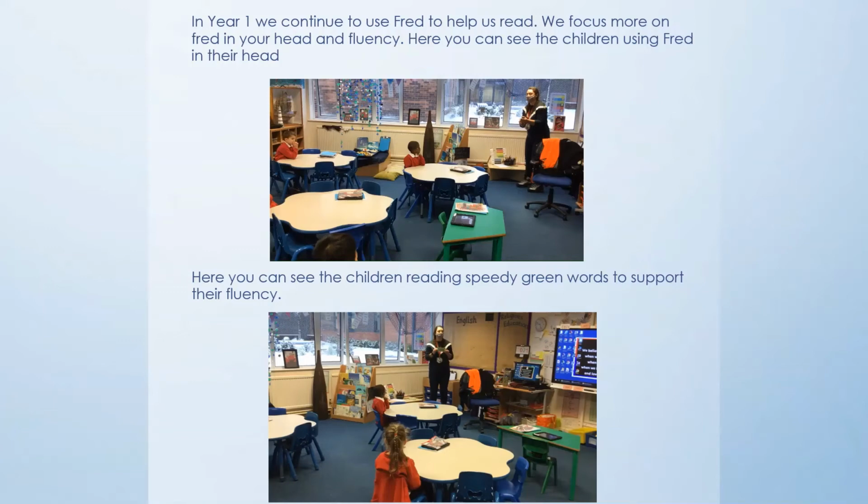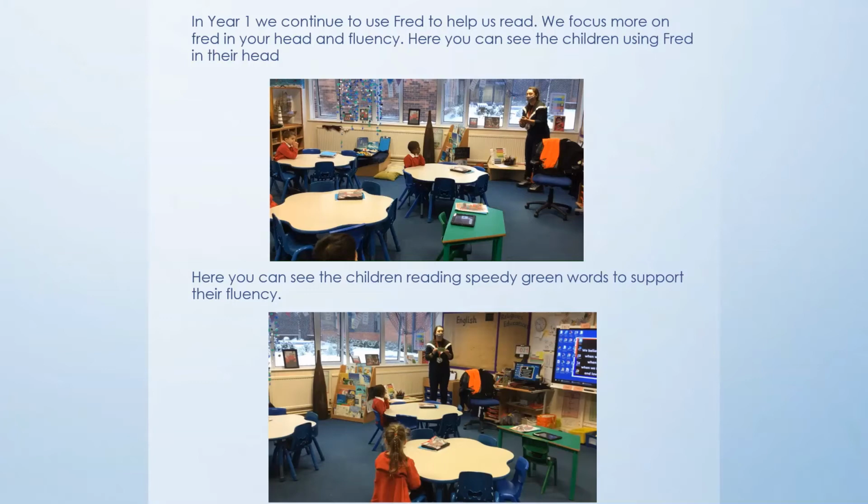So that was the children using Fred in their head. They are now starting to look at those set 3 sounds. So it's taken them a little bit longer to sound in their head and read when I push it forward. When they are more confident with those sounds, we then look at using what we call speedy green words.